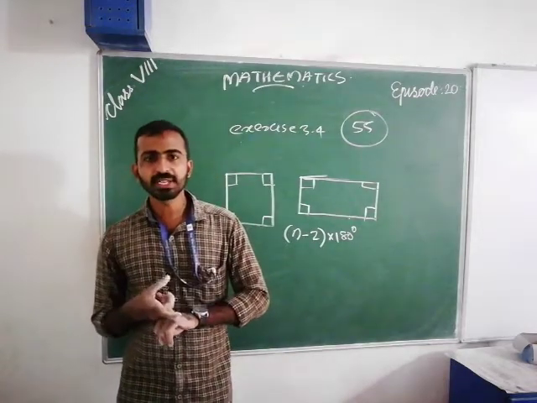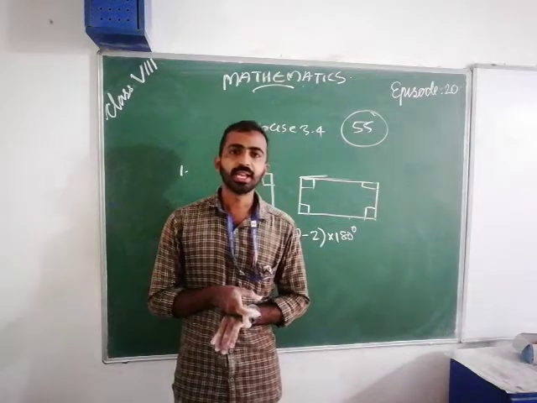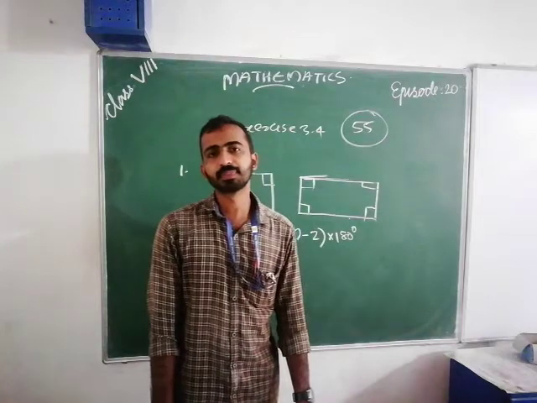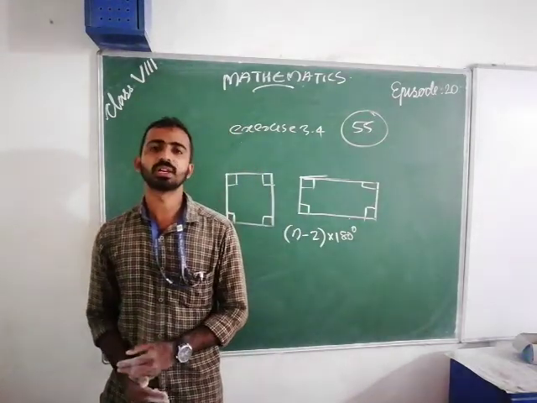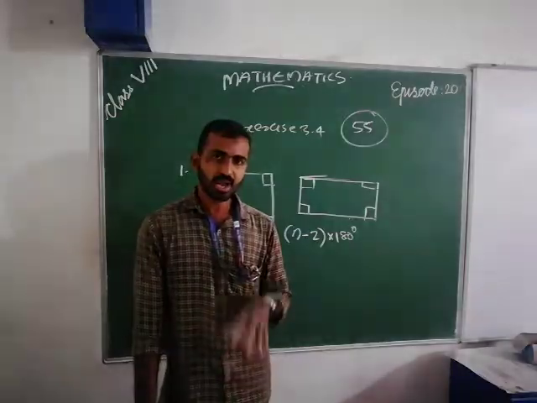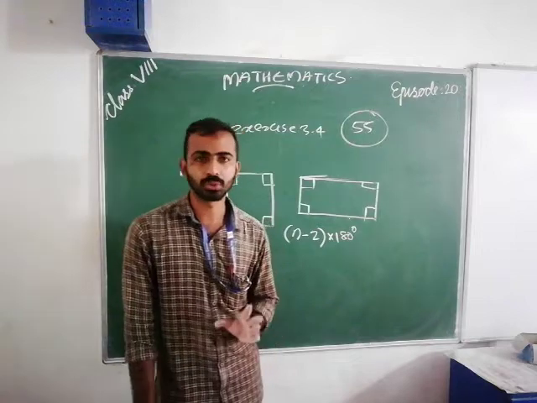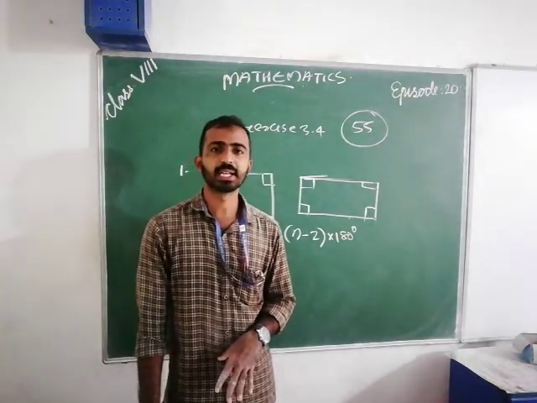In parallelograms, opposite sides are parallel, and in a rectangle the angles are 90 degrees. In a rhombus, all sides are equal. In a square, all sides and angles are equal. Is it? Yes.